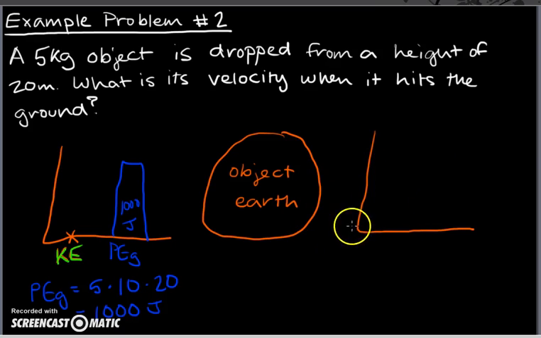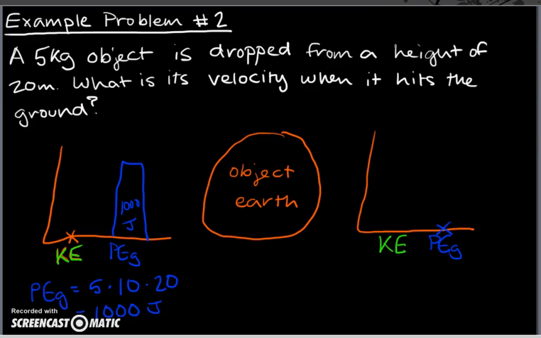So, at the very end of this drop, before the object, let's just say it's a ball, is actually touching the ground, there's an instant at which it is starting to touch the ground but hasn't actually decelerated yet. And so we can say that that is when its potential energy of gravity is equal to 0 because its height is equal to 0.